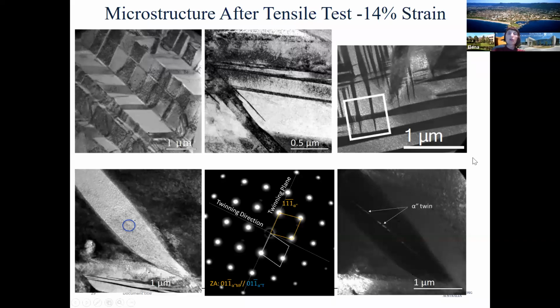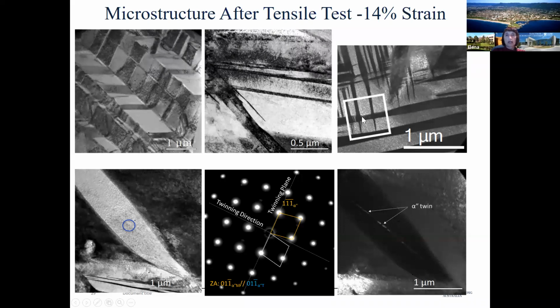Also, if we continue to look at some regions where you have intersections of different variants of Martensite. Here is a dark field image, and one variant is lit up, and the second variant is a dark one.